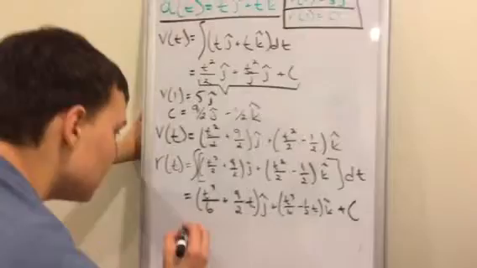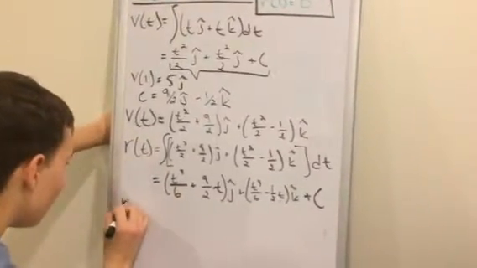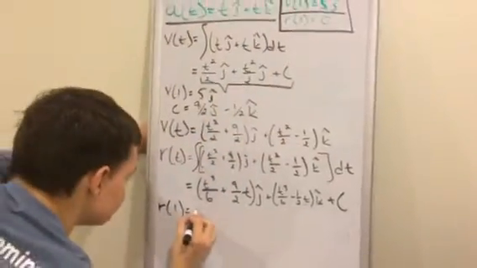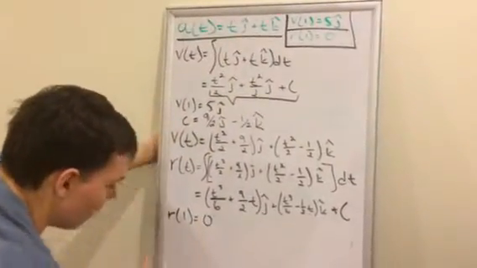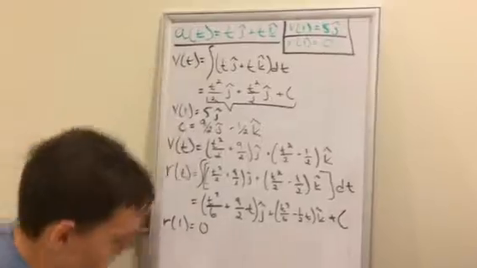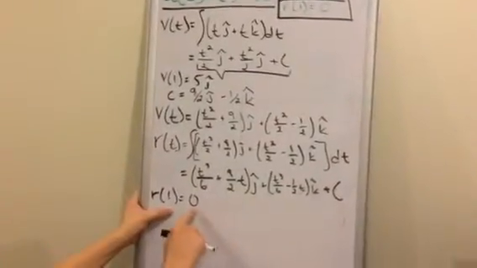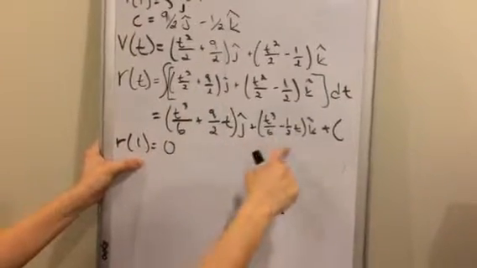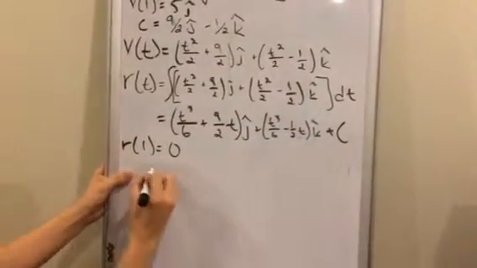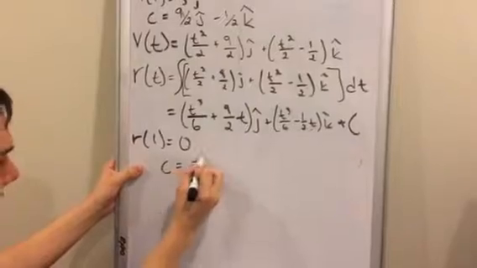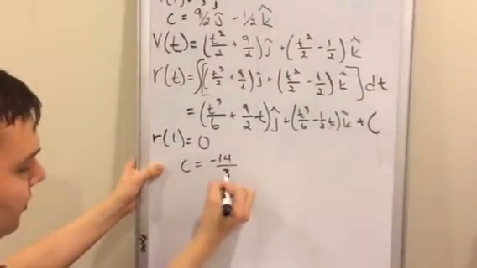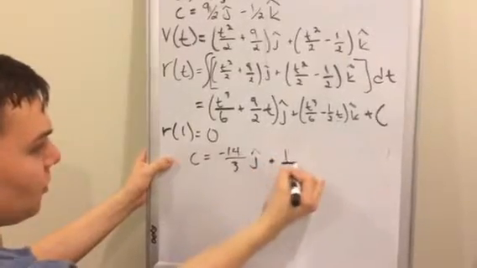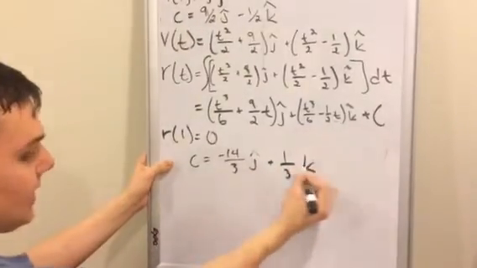And then we know that r(1), of course, has to be 0. So with that in mind, we set r(1) to 0 here, 0 here. We know that c has to be negative 14 over 3 j plus 1/3 k.